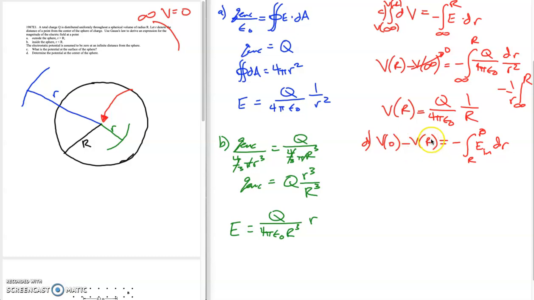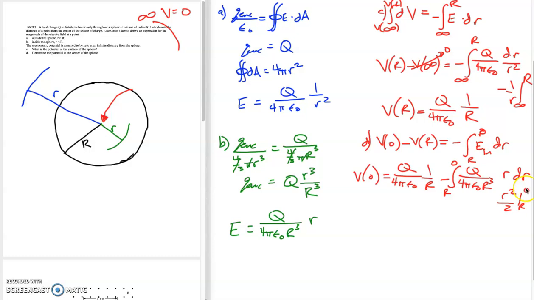All right, so V of R, we already have an answer for that. That's our answer to C. So we're going to use our answer to C right here. So V of 0 is going to be equal to Q over 4 pi epsilon naught 1 over R minus the integral from R to 0 of this function, Q over 4 pi epsilon naught big R cubed r dr. So when we integrate just this, we're going to get r squared over 2, and we're going to go from R to 0.